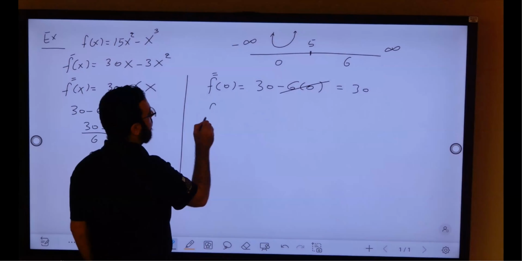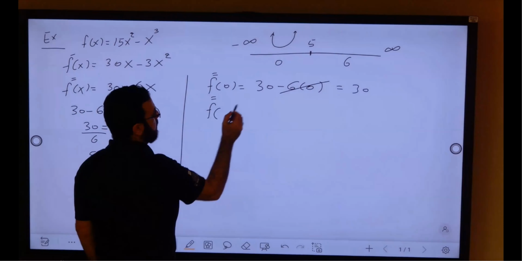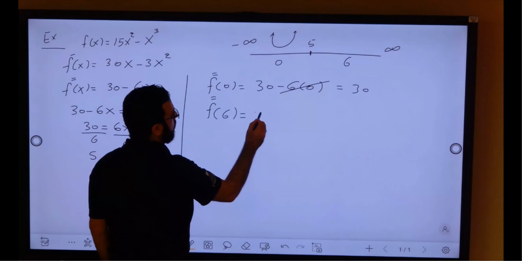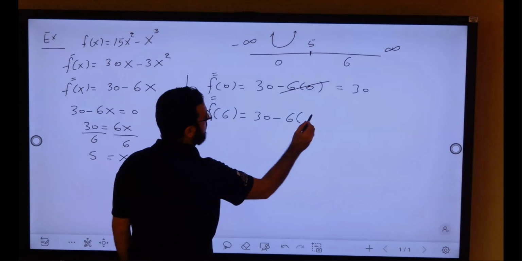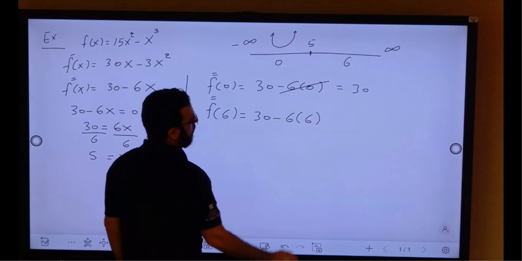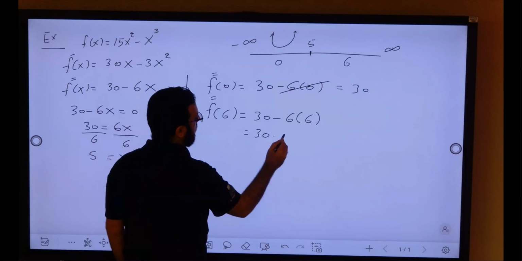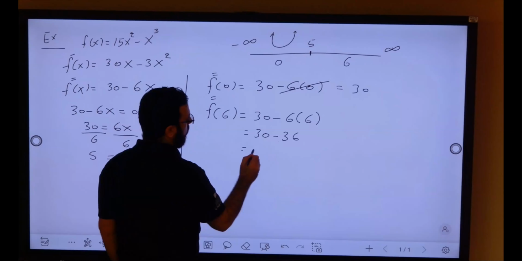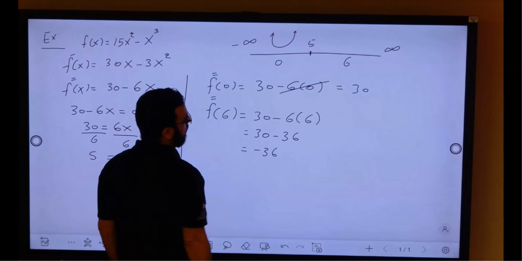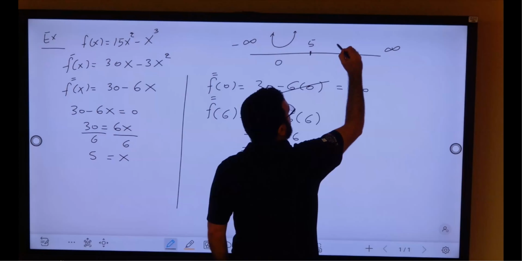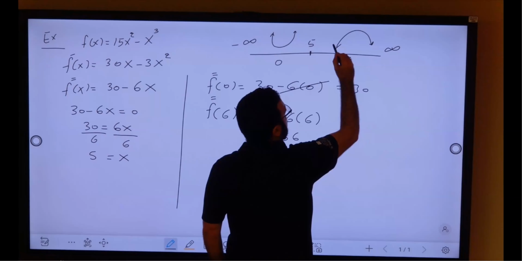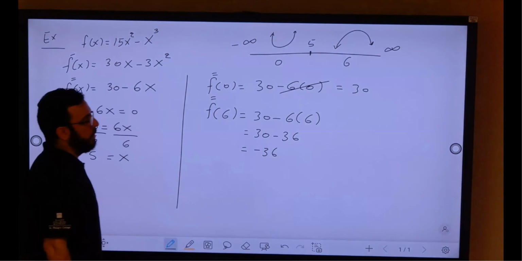Now f double prime of 6 equals 30 minus 6 times 6, which is 30 minus 36, which equals negative 6. I'm going to care about the sign. That means on this side the function is concave down.